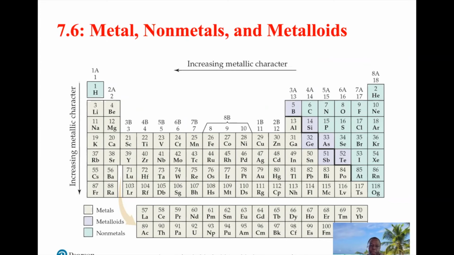The last bit of chapter 7 is looking at the specific groups of elements on the periodic table and seeing their chemical reactivity. If you look at the periodic table, they have some color coding which indicates the metals, the metalloids, and the non-metals.